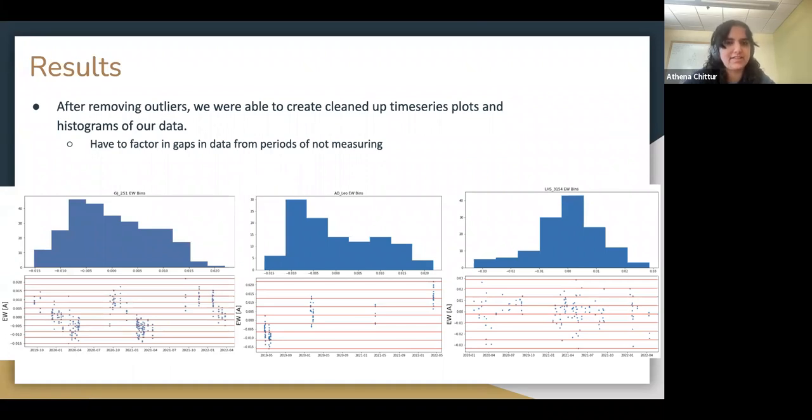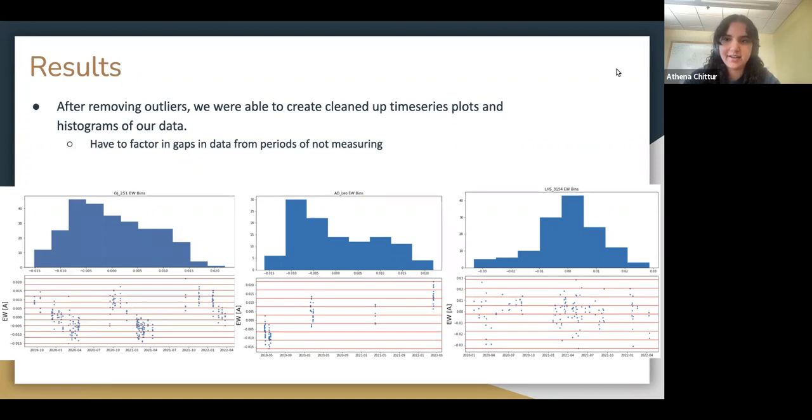So one of the first things that we took a look at was how the data is distributed. We created histograms by just binning certain equivalent width measurements and plotting them as histograms. Of course, we have to also remember that there are large gaps that are going to affect what everything looks like.